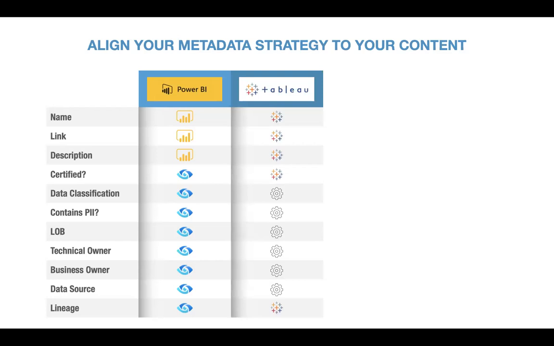Maybe I have Tableau content. Now Tableau is not being pulled into Purview. But there is maybe a little bit more metadata there. I'm tagging what's certified in Tableau. I'm capturing descriptions in Tableau. So there, the first maybe four pieces of metadata are going to be brought in directly from Tableau. And then the rest of the metadata I'm going to capture as part of onboarding the content.